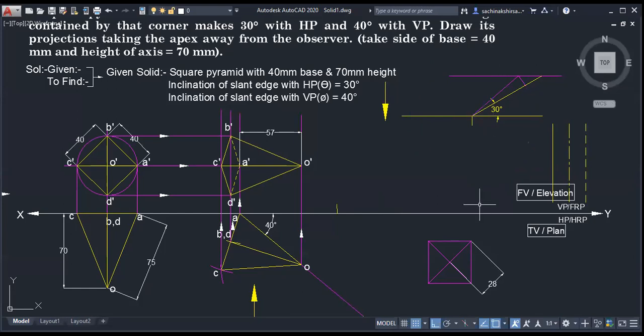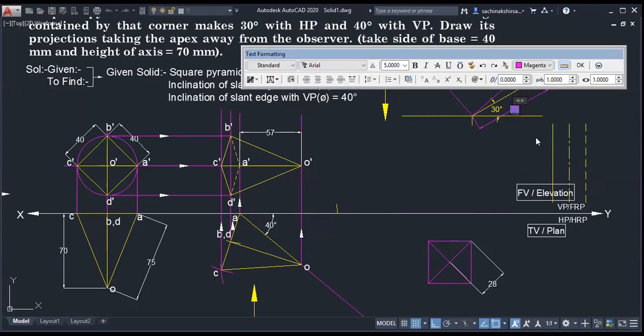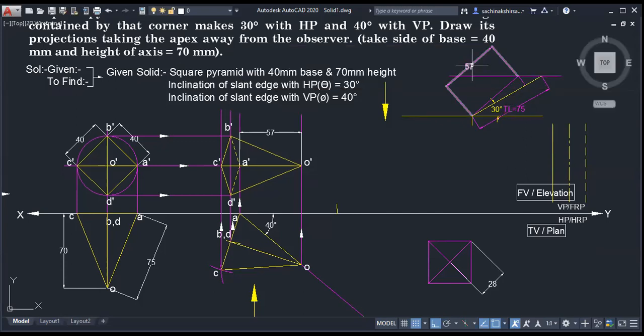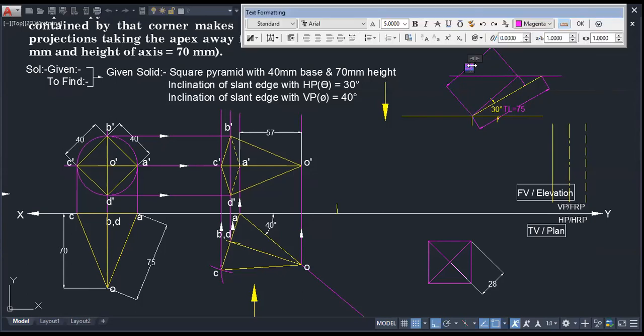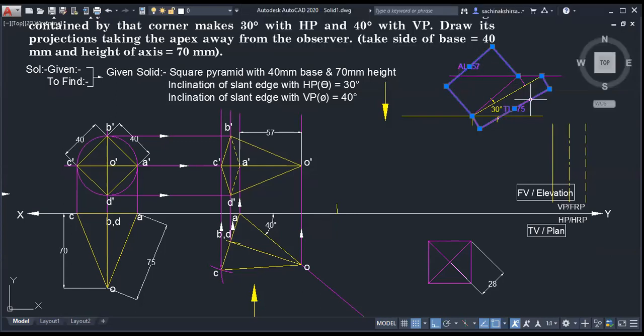So this one is the 75 true length, and this one is the apparent length 57. For your information, I will write here: true length equal to 75, and apparent length AL. A little complicated problem, time consuming.